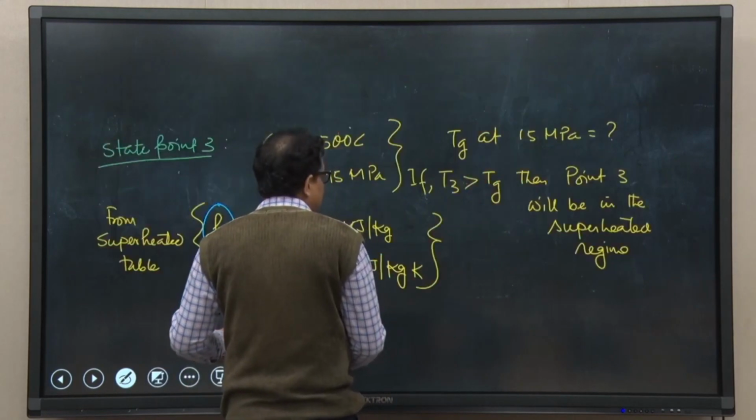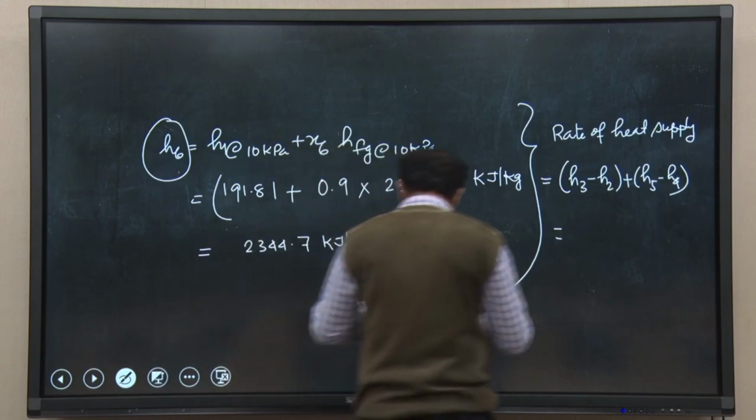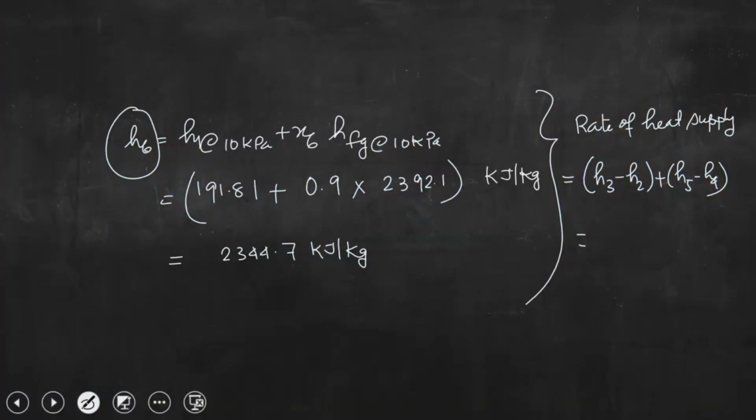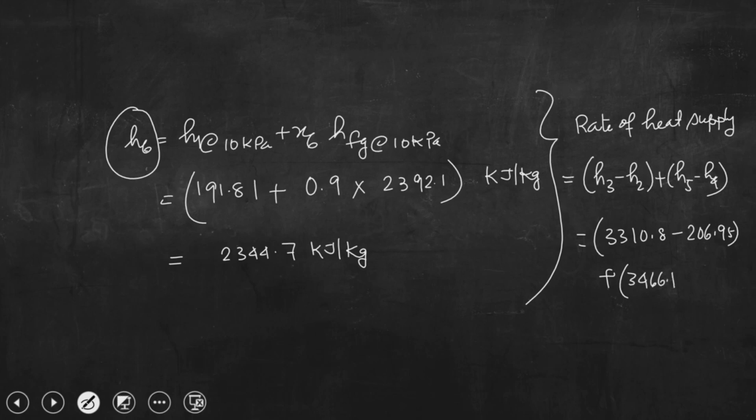If we calculate here, we know that H3 is 3310.8, H3 minus H2 is 206.95, plus H5, 3466.161 minus 2817.2.